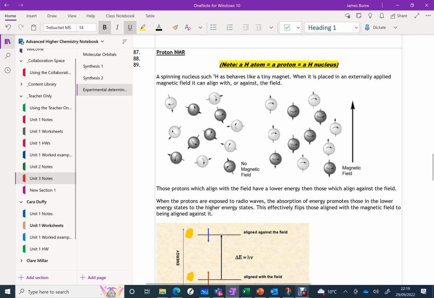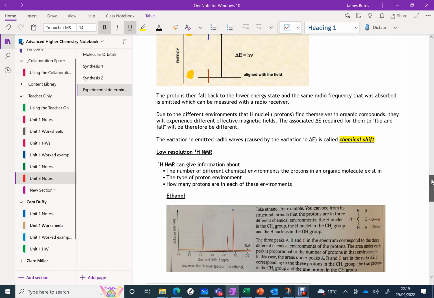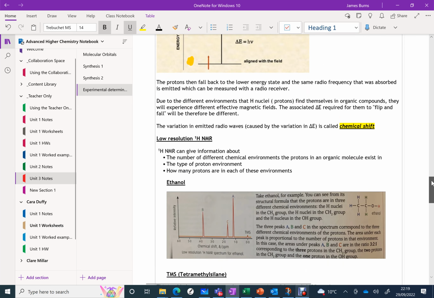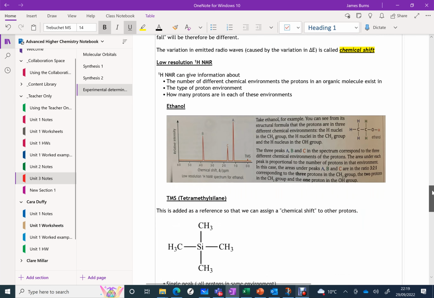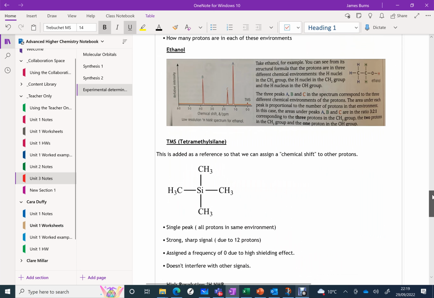So I've posted a wee link to this, so you can go in and have a wee look at it, only up to the low resolution NMR, and just a wee bit about the TMS, the tetramethylsilane, that is used to set the bar at 0, if you like. Very highly shielded hydrogens or protons in here.